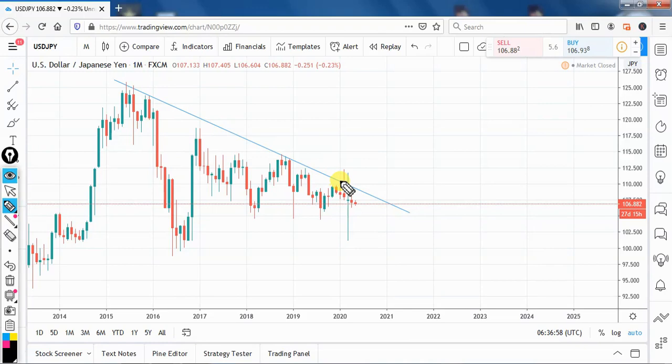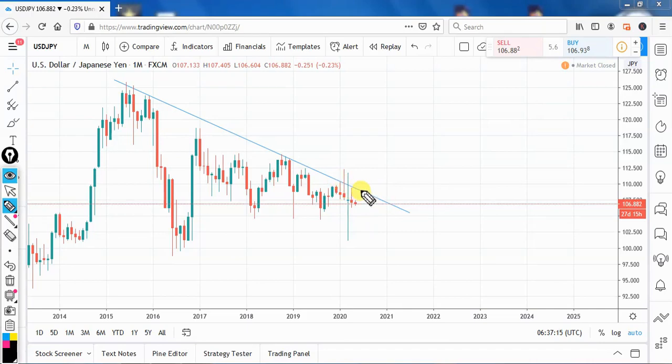It's been trying to break this for quite a long time now, and we can see it tested in here and in here as well as here, and it came up here and kind of air kissed it, but each of the attempts has failed to break this trend line.